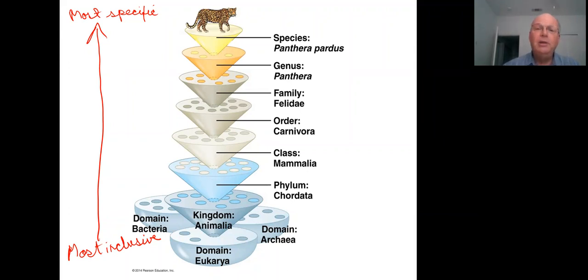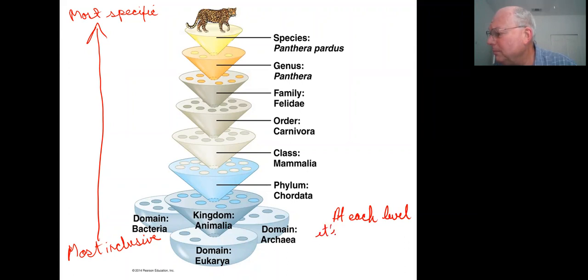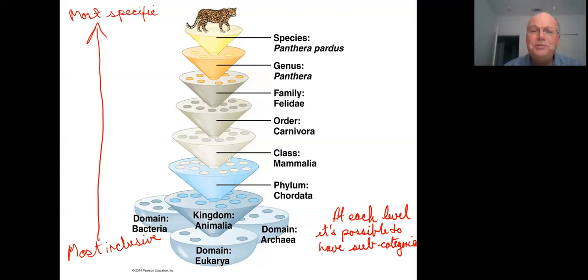We also need to recognize that at each level, it's possible to have subcategories. And one of the things I'm often asked when I introduce this is, why do we have these subcategories?